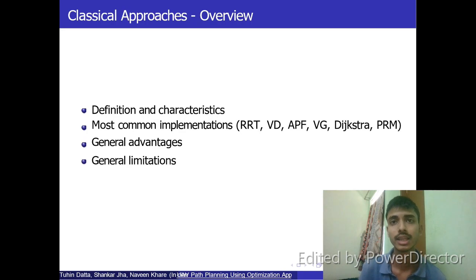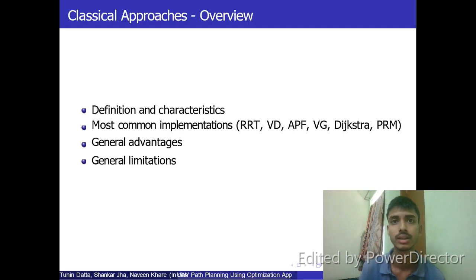The classical approaches include well-established algorithms that form the foundation of path planning. These methods typically have mathematical guarantees but may lack flexibility in complex environments.